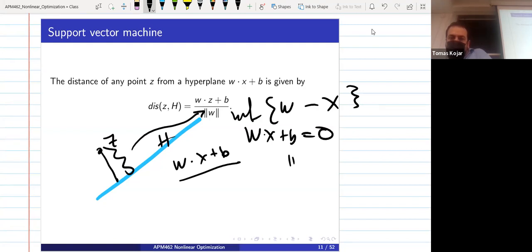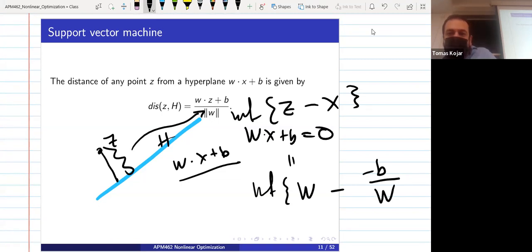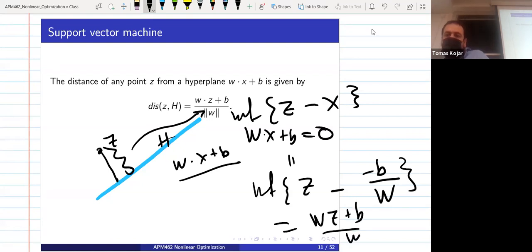So you have the norm of w equal to, let's pretend this is 1D, okay? We'll think about the other one later. So this is minus b over w. Too many w's, it's z. Like this. And then you cross multiply. Okay, so you have (w z + b) over w. Okay? This is in 1D.